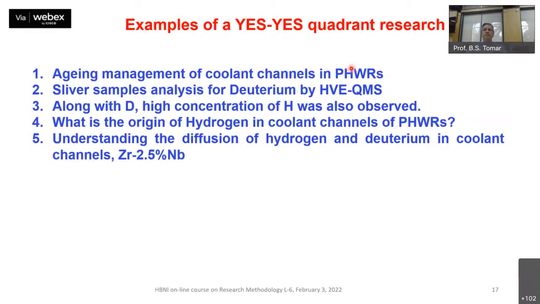There is no hydrogen, so the deuterium may attack the coolant channel. The coolant channel is made of zirconium niobium alloy, and gradually this deuterium may diffuse inside and form deuteride, or hydride, and the hydrides have a damaging property that leads to stress corrosion cracking.